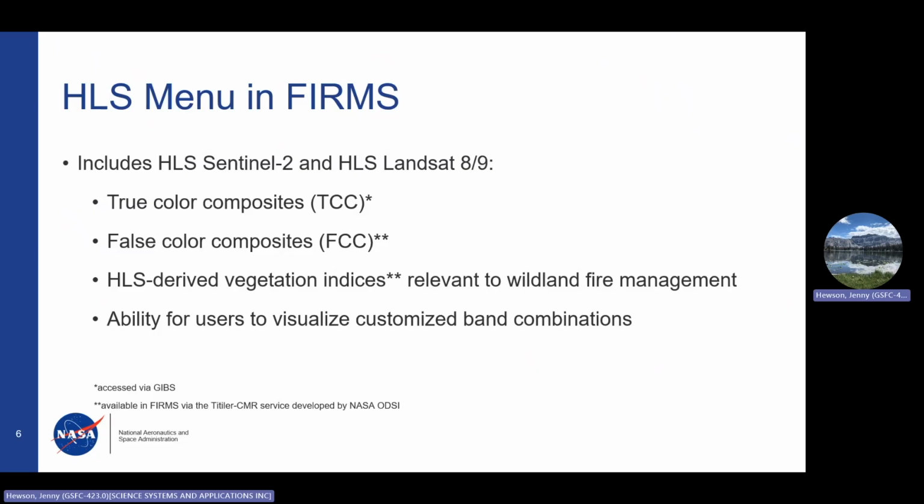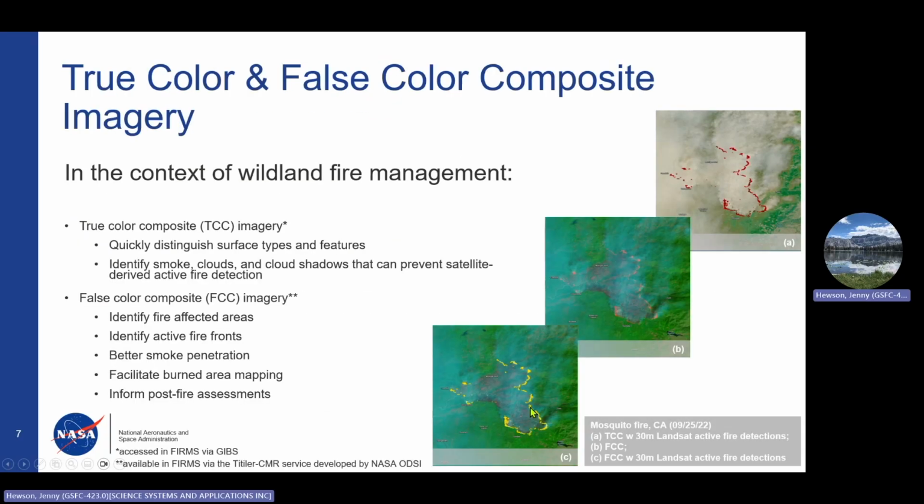These are available in FIRMS via the Titiler CMR, which is developed by NASA's Office of Data Science and Informatics. And CMR is NASA's Common Metadata Repository. And finally, there is the ability for users to visualize customized band combinations.